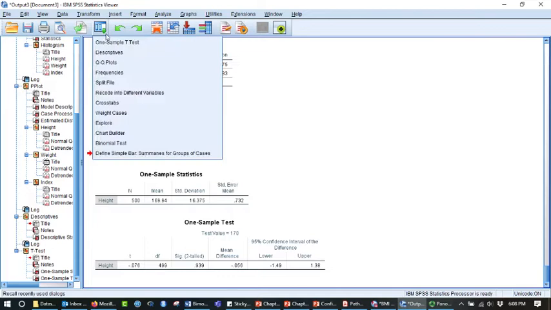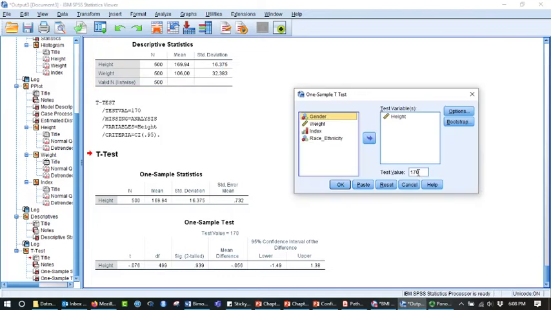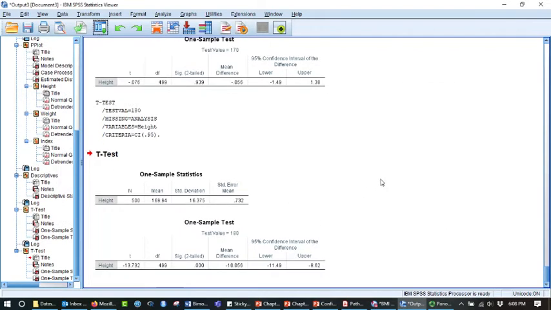Alright, let's test it again. I'm going to go to this recall dialog box and test it against 180. Alright, let's see what we get. Now we're testing against 180. We've got the same information, and we've got negative 13 as our t-value. That's huge.